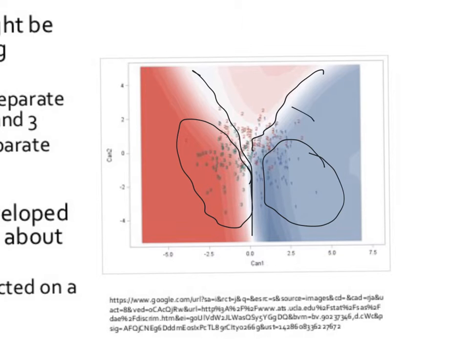The 2s are getting mixed up here, so we're not doing so well with predicting the difference between the 2s and the 1s and the 3s, but we've created boundaries. And you can get a territorial map in SPSS. It's not going to be colored as nicely as this one, but you'd still get similar types of information.